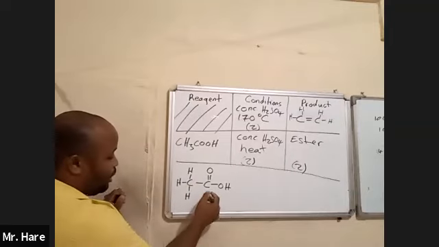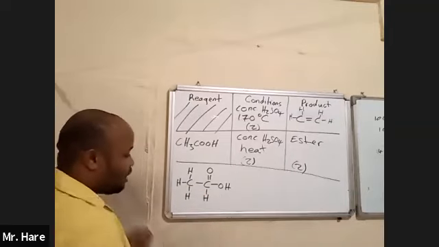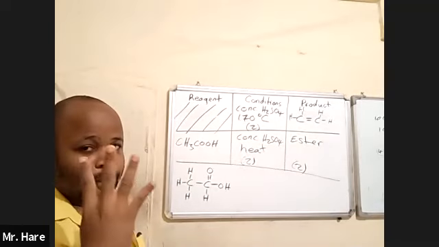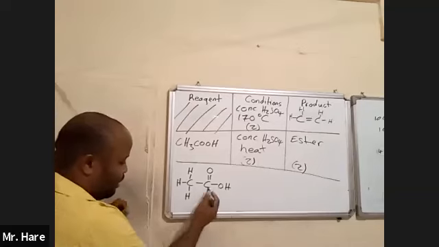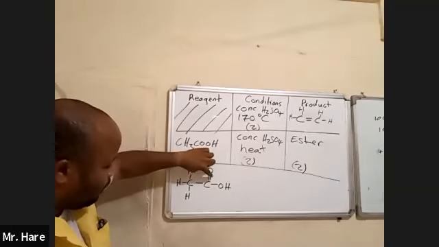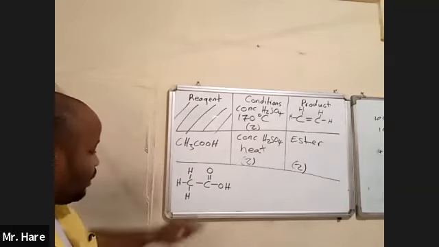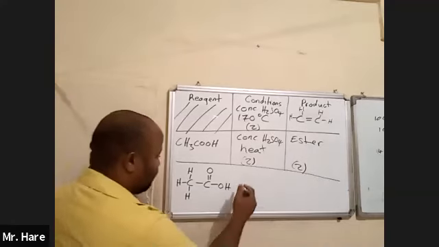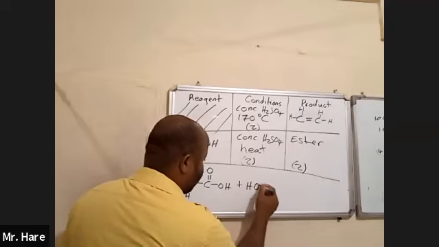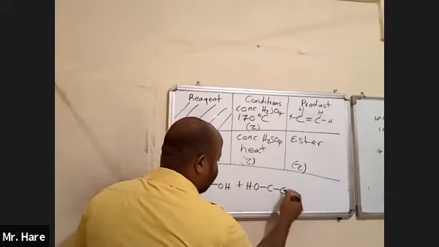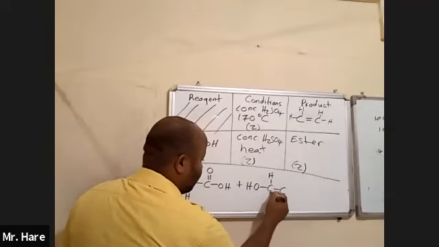There's no hydrogen here because carbon forms 4 bonds always. So you cannot put a hydrogen here because this is 2 bonds, 3, 4. So you have the carboxylic acid and you have the alcohol, which is ethanol.